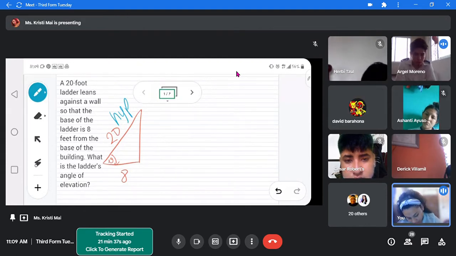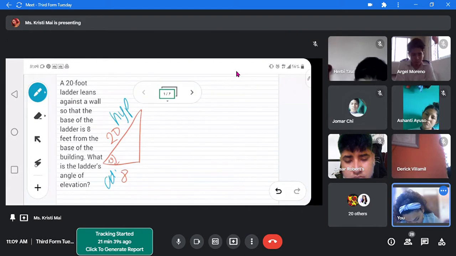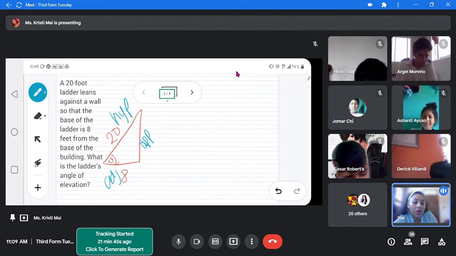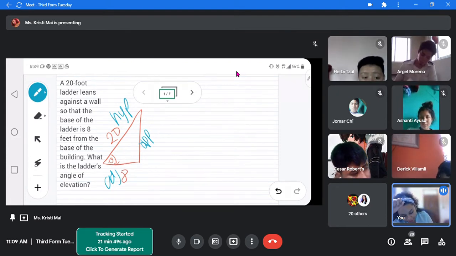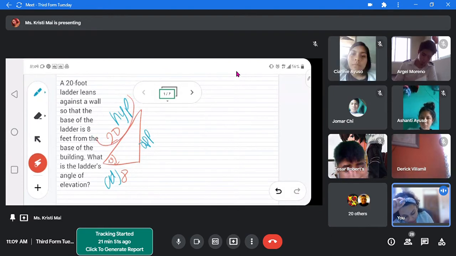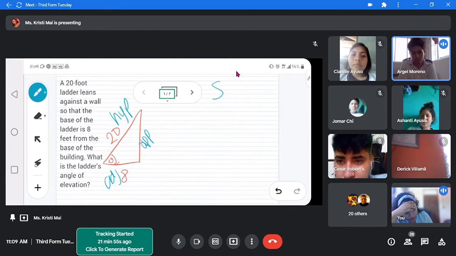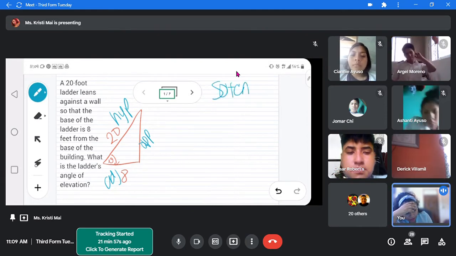Adjacent, very good. And this other side would be the opposite. I am looking for theta. So that means I have to use hypotenuse and adjacent. And remember, we always want to remember SOHCAHTOA.